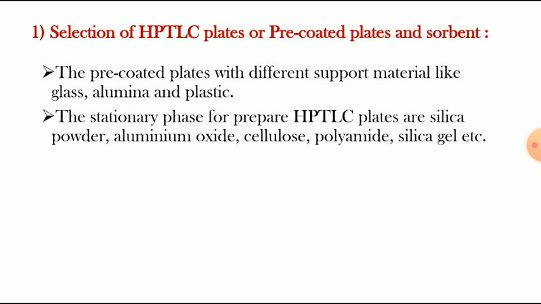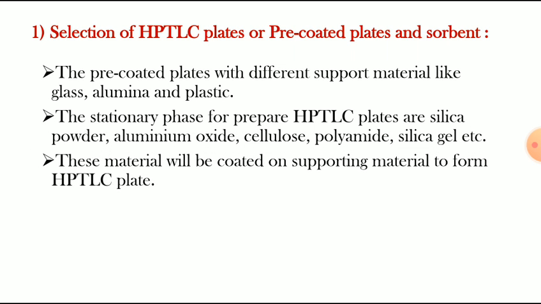The stationary phases used to prepare HPTLC plates are silica powder, aluminum oxide, cellulose, polyamide, silica gel, etc. See, this is the material. By using that material, we can prepare the stationary phase of the high performance thin layer chromatography plates.